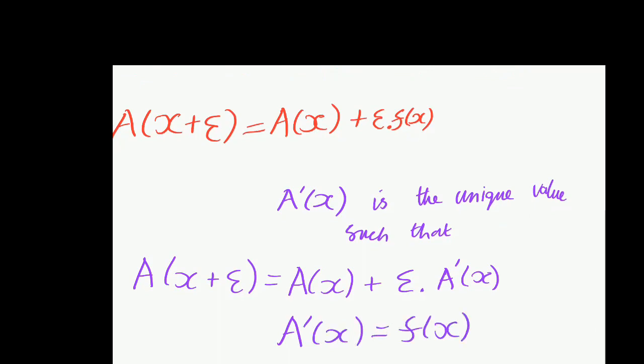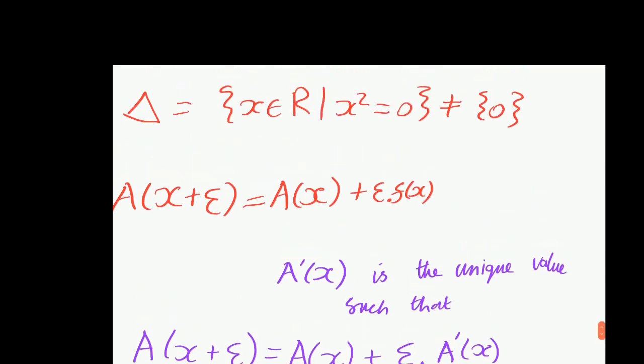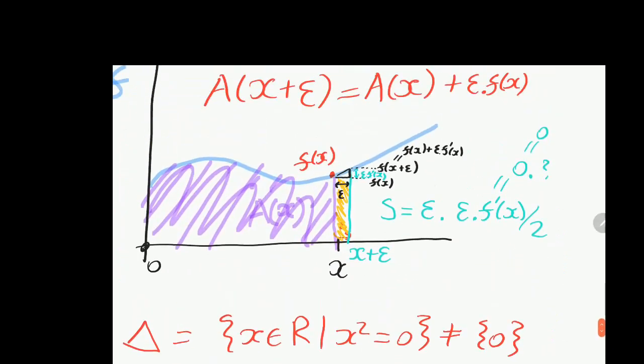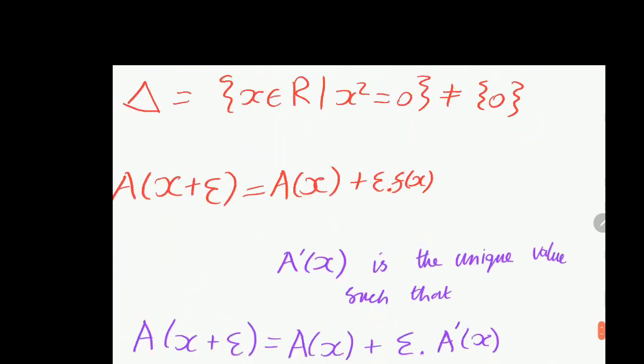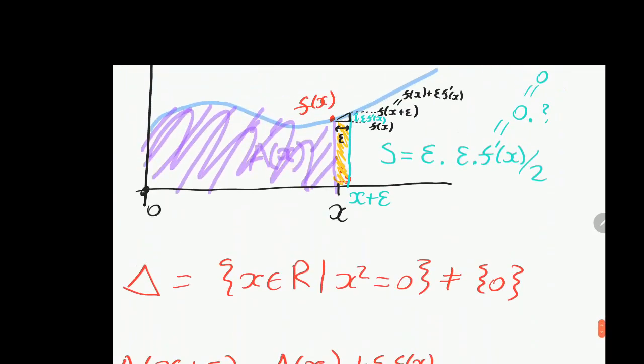Okay, in other words, what I'm saying here is that this area function, A of x, actually has the feature that the derivative of this area function is itself f of x, which is basically getting towards the fundamental theorem of calculus.